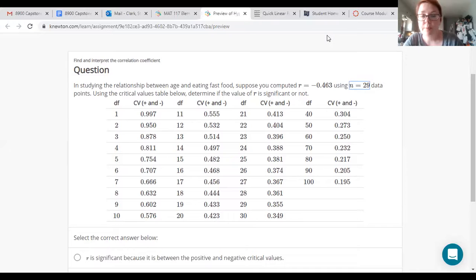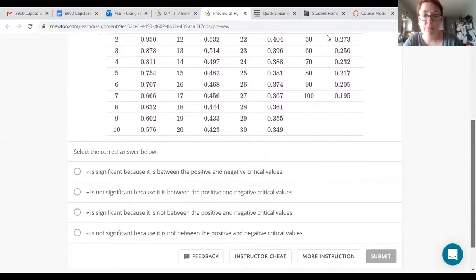So it's bigger than this. It's not between negative 0.367 and positive 0.367. It's outside of that, so it's bigger than this critical value. So that means that R is significant. So in this case, we would choose the option that it is significant because it's not between the positive and negative. So that's what we would select.